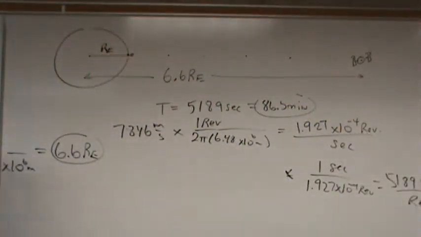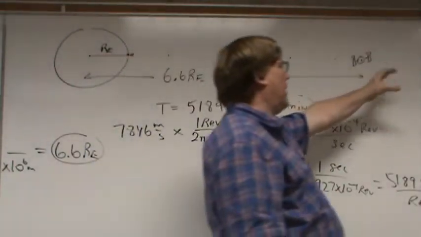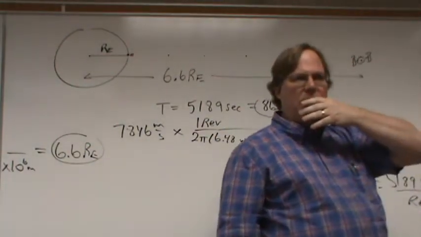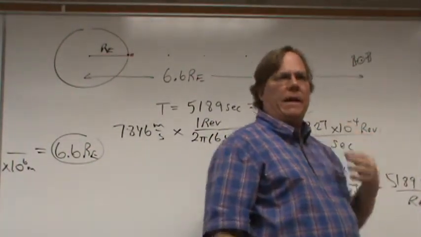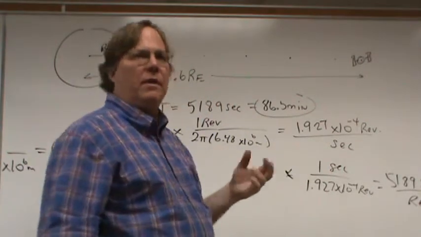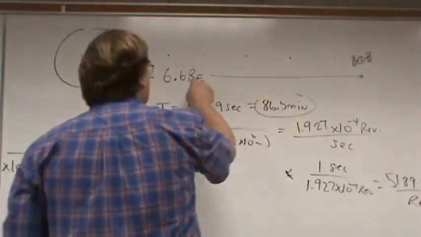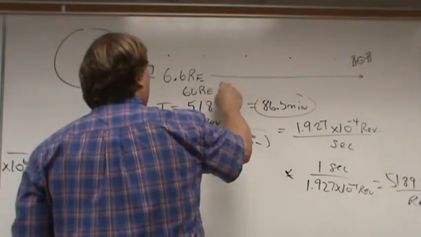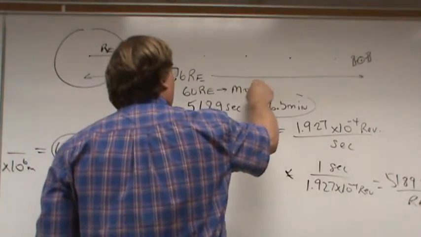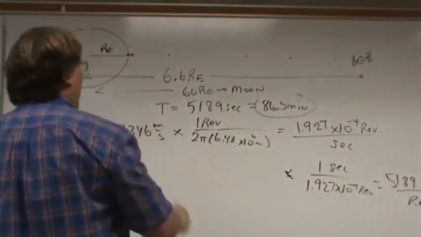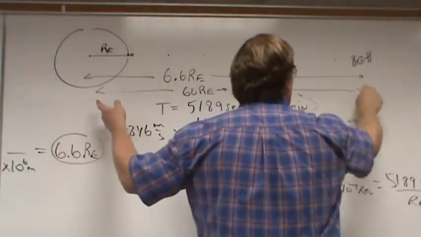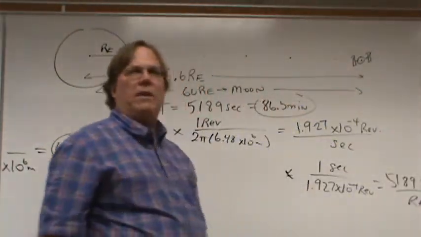Does anyone know where the moon is in all of this? Would you say the moon is far away or the moon is kind of close? Yeah, far away. It's hard to send things to the moon. The moon ends up being 60 Earth radii away. That's the moon. So imagine this distance and then multiplied by about 10.